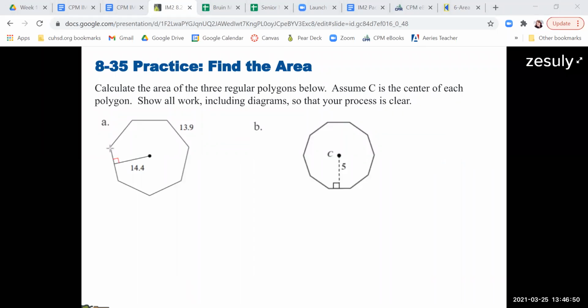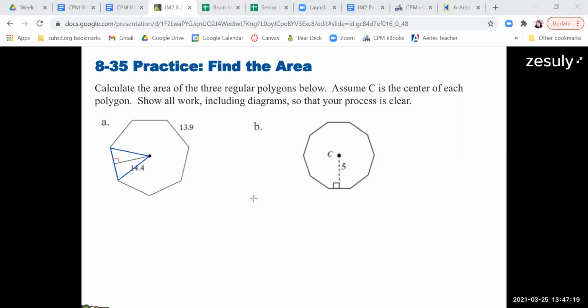So I'm going to go ahead and draw in the triangle that goes from a vertex of one of the polygon to the center. And then I'm going to go to the next one down and draw in this one as well. I need to find the area of this triangle. And once I have that area, I can multiply by the number of triangles that can be built inside here, the number of identical triangles to this.